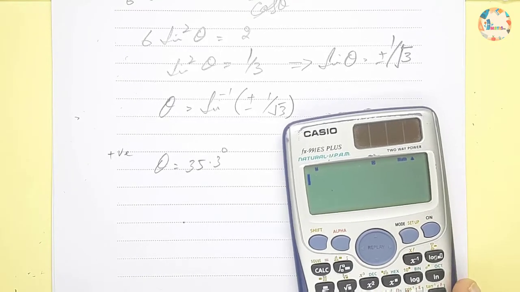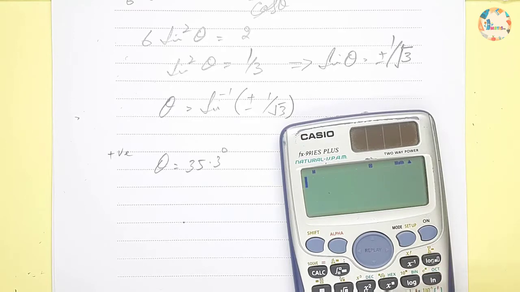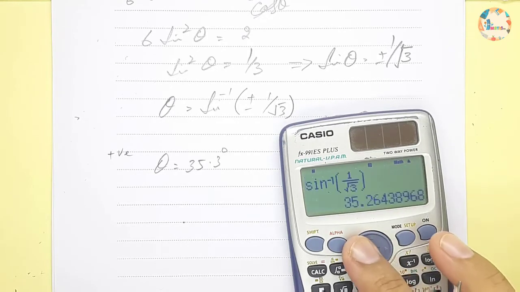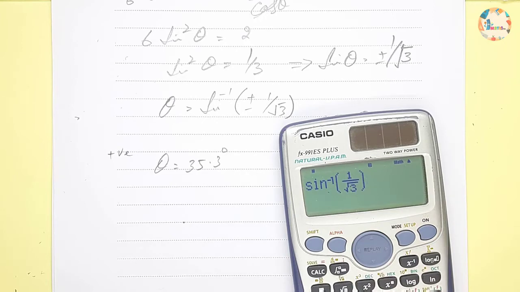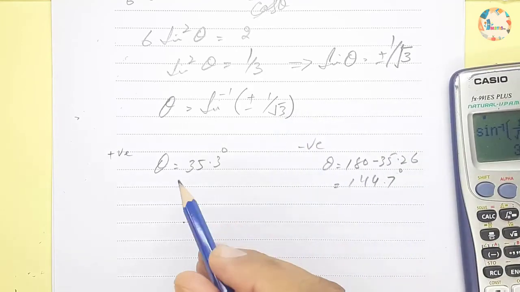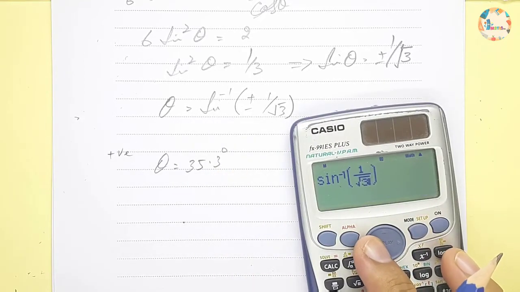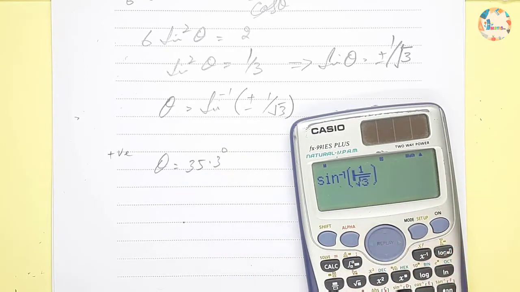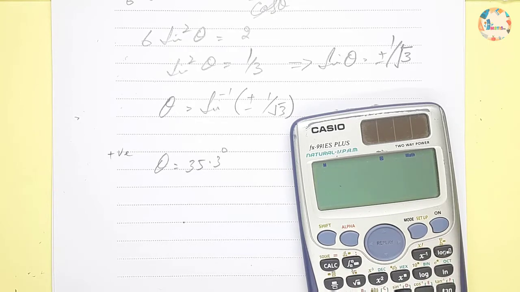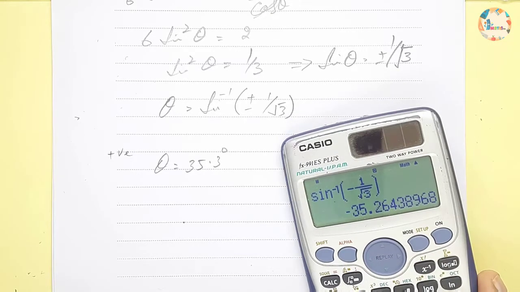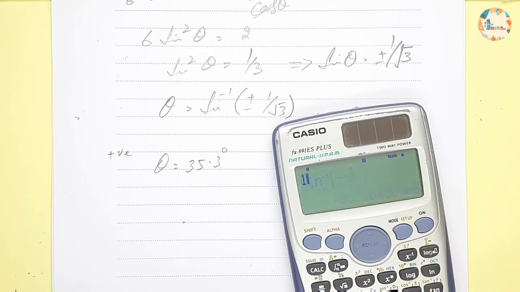It was in radian mode, so you need to find the degree mode, and this was the value. So if we calculate, this will be 35.26 or 35.3, and if we take the negative value, it will be over here. If you take the negative value, this will be minus this one, so 180 minus this.